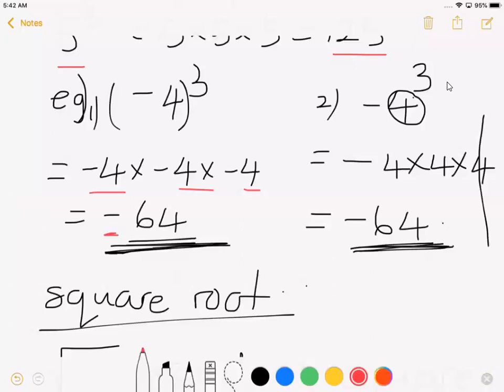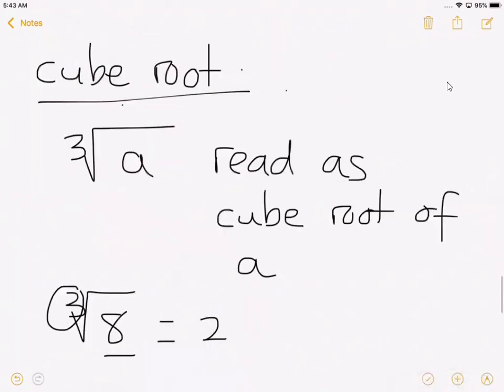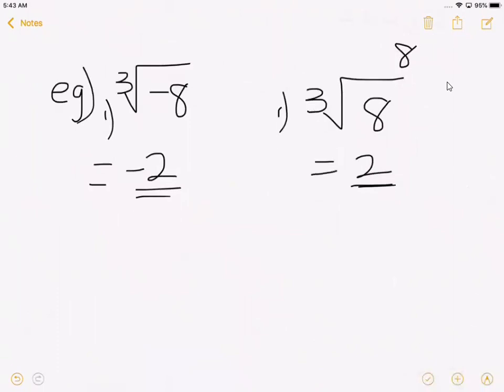So it means the cube root of -64 is -4. So we have the cube root of a negative number. But what we don't have is the square root of a negative number. You can't find the square root of a negative number, but the cube root, we have the cube root of a negative number.